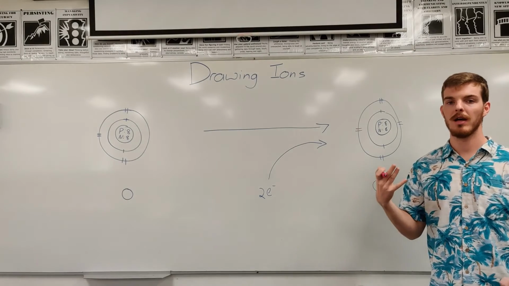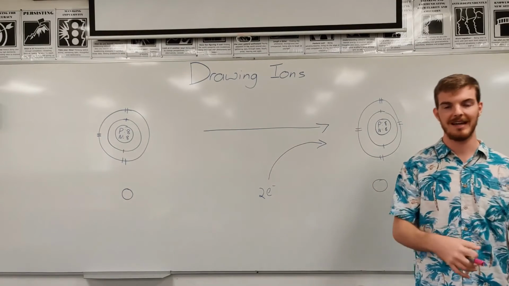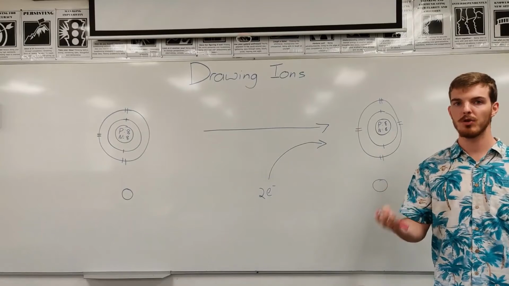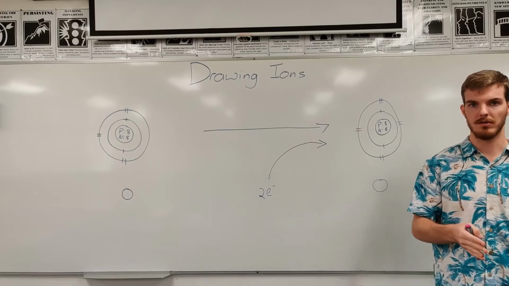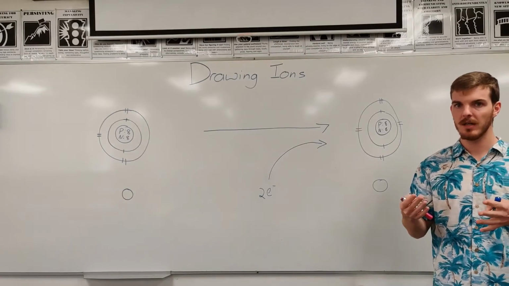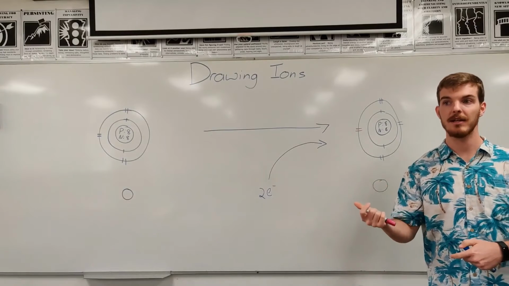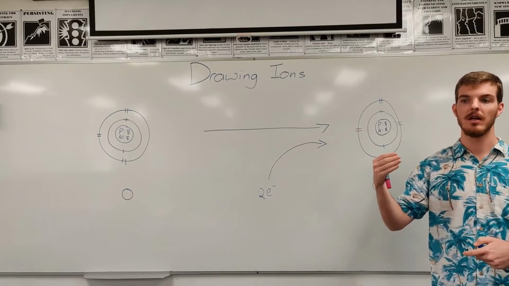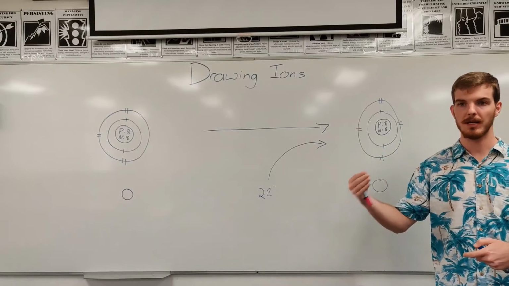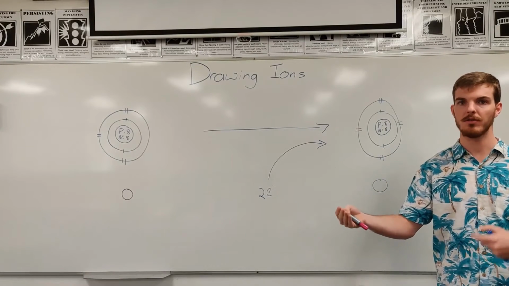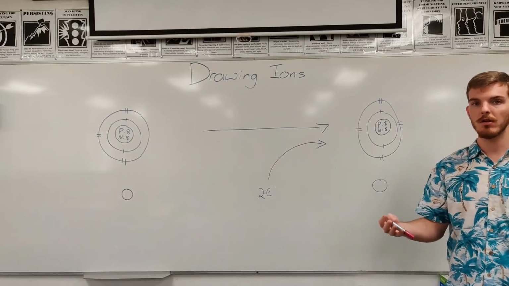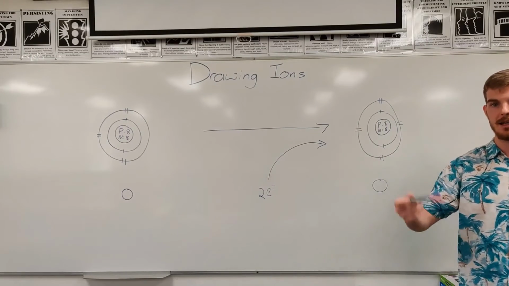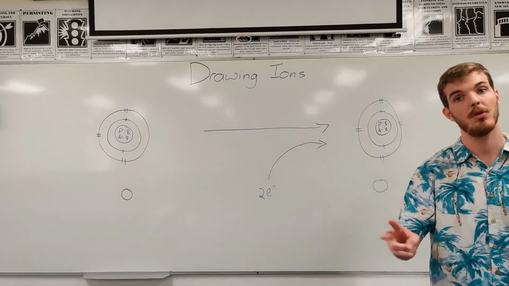So now we've got an imbalance between the protons and electrons. This time we have 2 more electrons than we do protons. Which means, since the electrons are negative, we have a larger electrical charge by 2, negative charge by 2, than we do positive. So overall, it is now a negative 2 charge, because we have 2 more electrons.